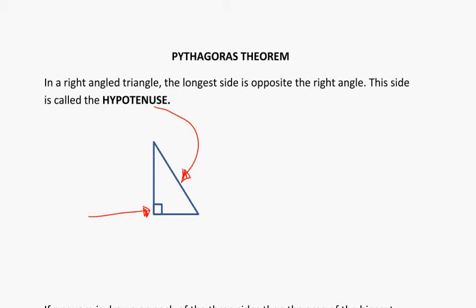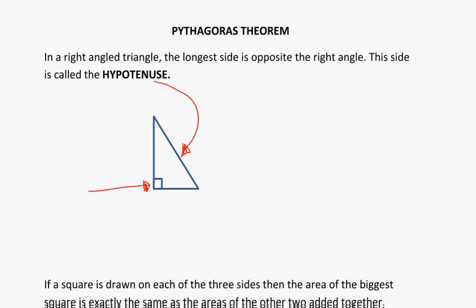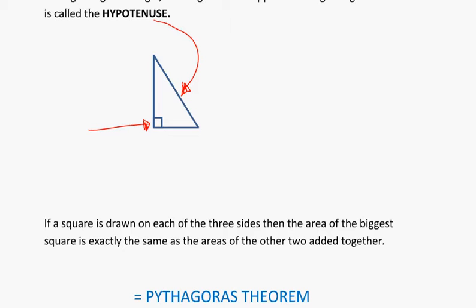Now, if we drew a square on each of those sides, let's call that side A, that side B, and that side C. Okay, so if I drew a square of length C on that side, C length, C length, C length, and all of those are C, then the area of that is C squared.